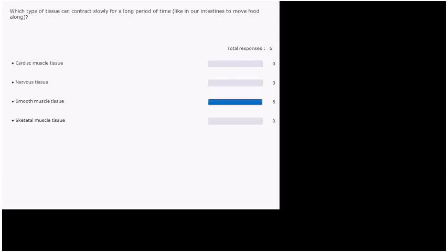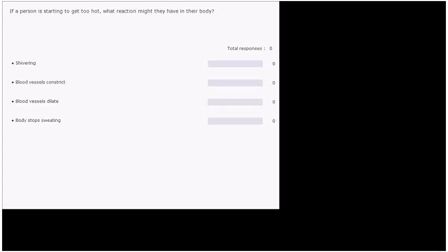I think I have one more. If a person is starting to get too hot, what reaction might they have in their body? So, starting to get too hot.